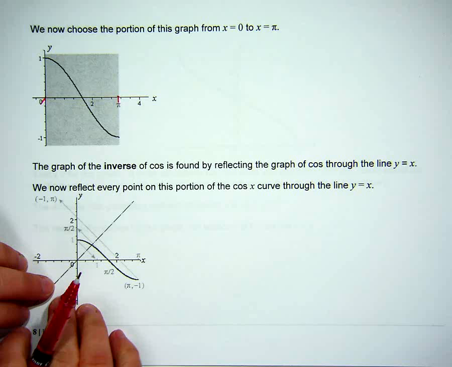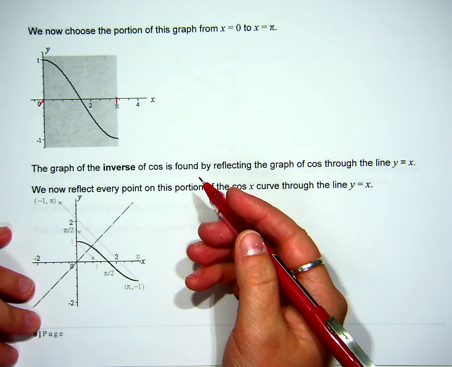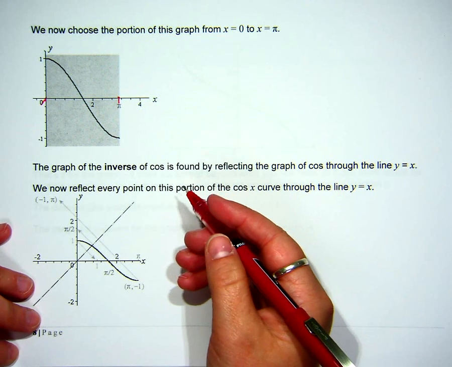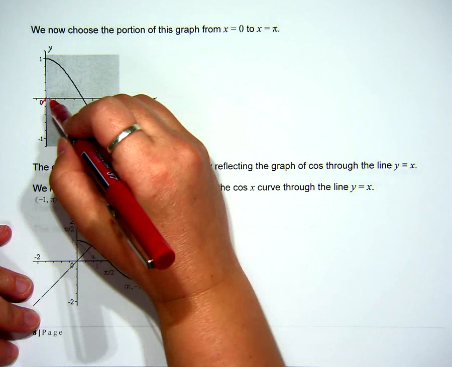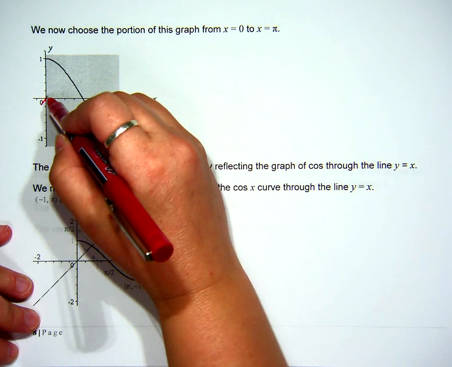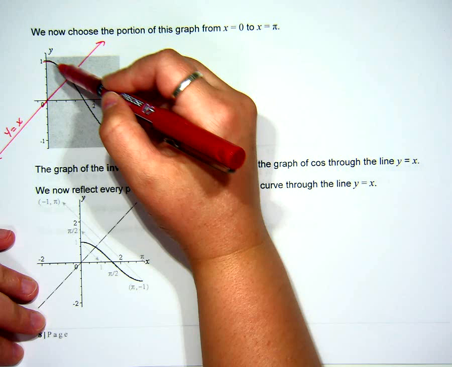This picture clearly passes the horizontal line test. Now you have to take this picture and flip it over the y equals x line, which means that this portion will jump down, this portion will jump up.